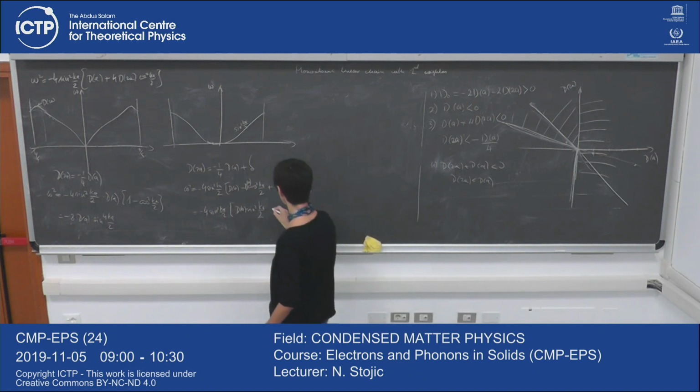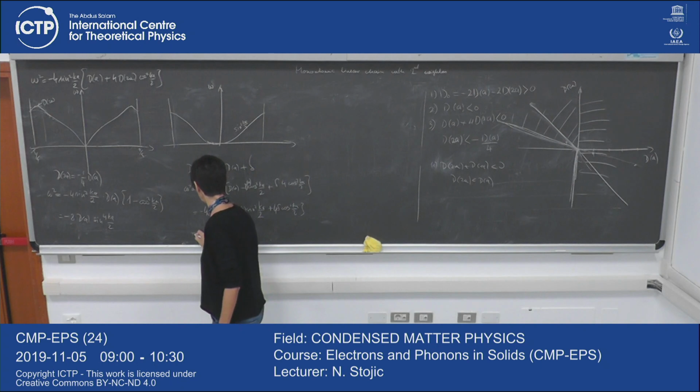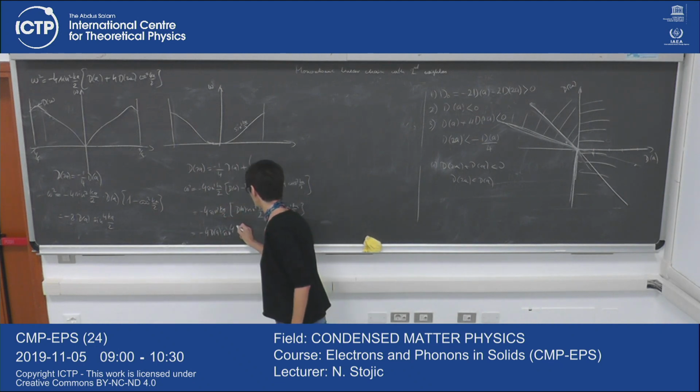And here I'm just copying for the moment. So here let's write the whole thing together. Minus 4 d of a sine to the power of 4 k a half.